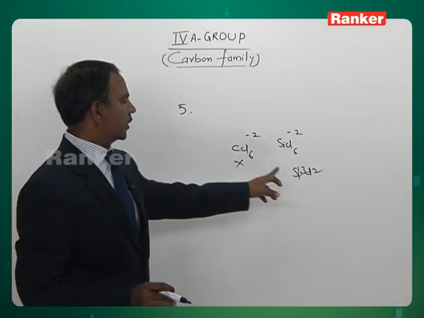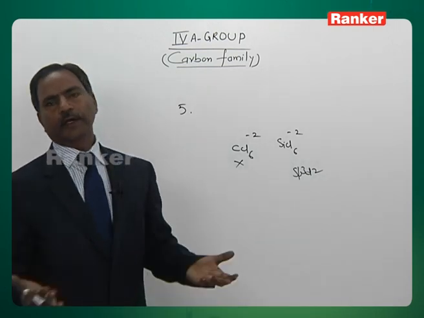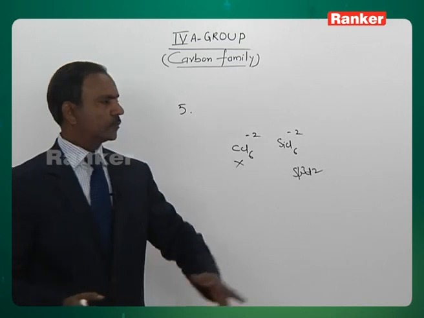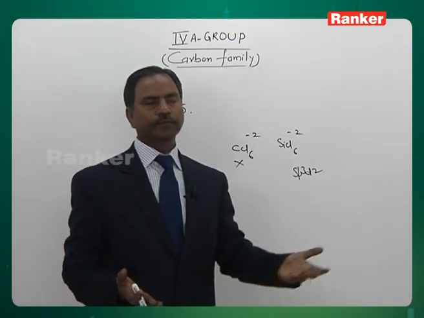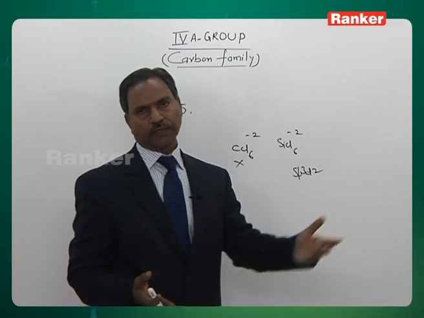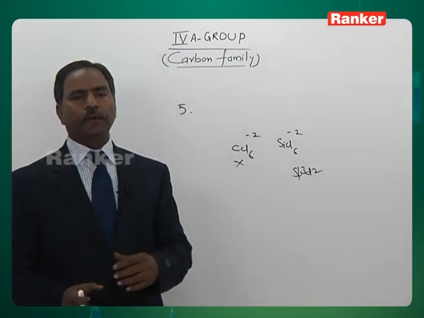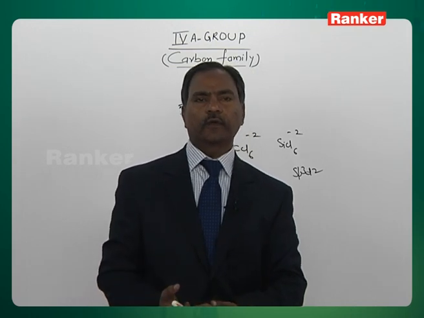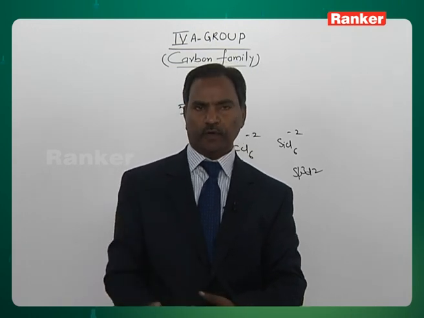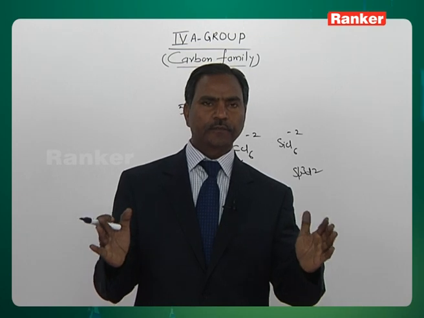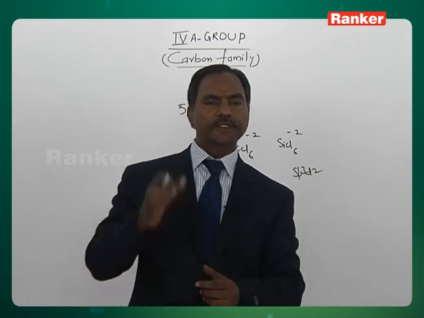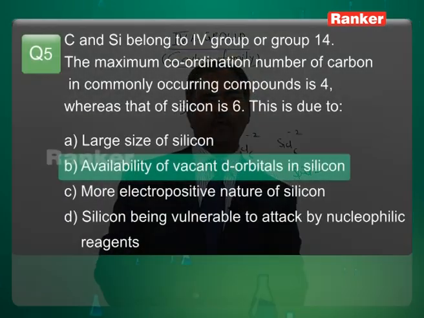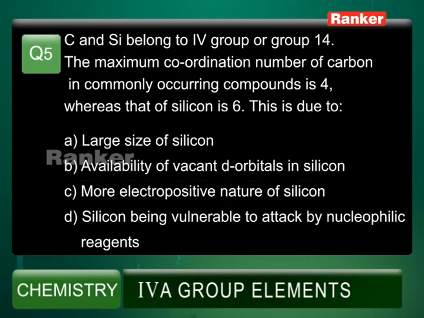If the carbon atom does not have vacant d orbitals, then it cannot form a compound with coordination number 6. Therefore, CCl6 doesn't exist, but SiCl6 2- exists. Carbon is not capable of forming compounds with coordination number 6, but silicon is. The only reason is the presence of vacant d orbitals in silicon and their absence in carbon. Therefore, question number 5, the answer is B.